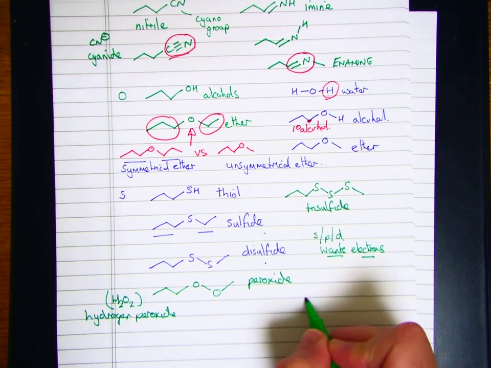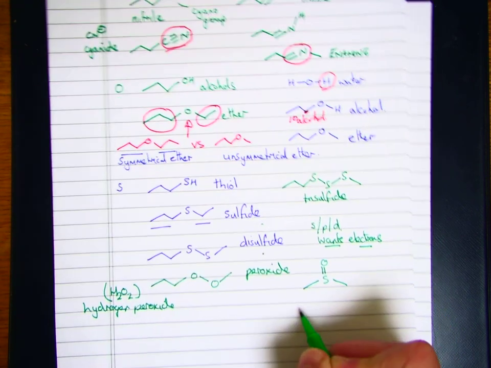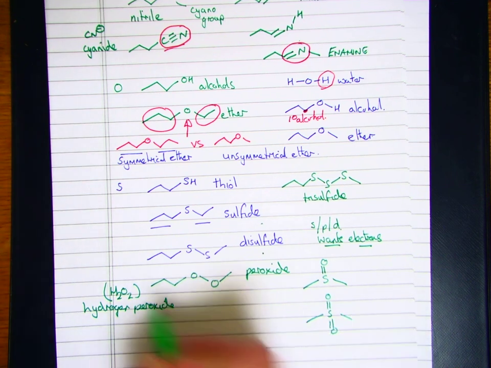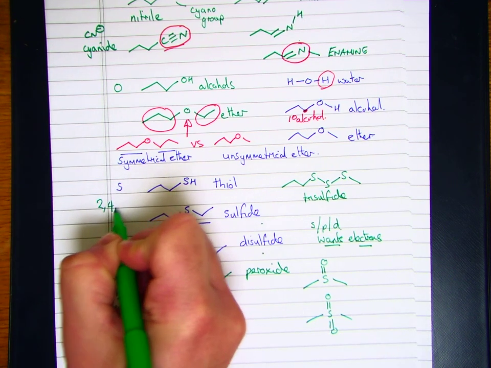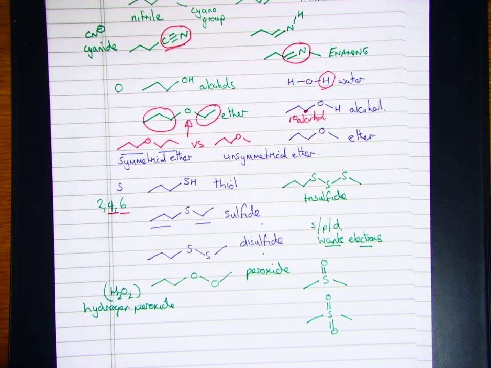Because of that, sulfur is able to form 4 bonds and also 6 bonds. So sulfur is unique in that we form 2, 4, or 6 bonds. The reason for these higher level bonds, 4 and 6, is because it can accept electrons.